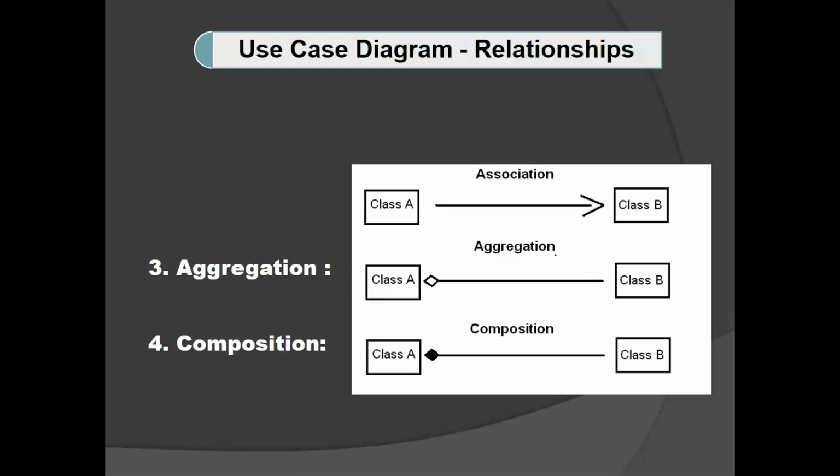If there is no water in the pond, the duck can still survive on the land. So here I am considering the pond as the whole and the duck as a part. If the whole dies, that means if there is no water in the pond, the part still continues. The duck still continues on the land. Okay, so it is represented by a line and an empty diamond. So this is the symbol for aggregation.